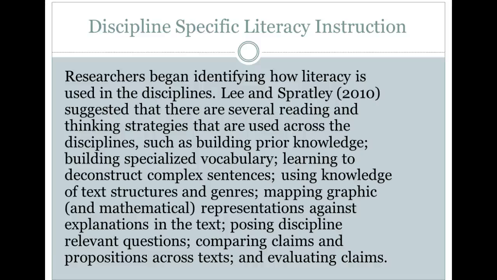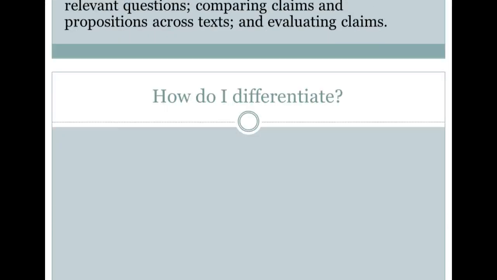Lee and Spratley suggested that there are several reading and thinking strategies that are used across the disciplines, such as building prior knowledge, building specialized vocabulary, learning to deconstruct complex sentences, using knowledge of text structures and genres, mapping graphic and mathematical representations, posing discipline-relevant questions, comparing claims and propositions across text, and evaluating claims. So those are skills and strategies with thinking that can apply to all areas. So you as a school can unify with some of these things regardless of your content area you teach.